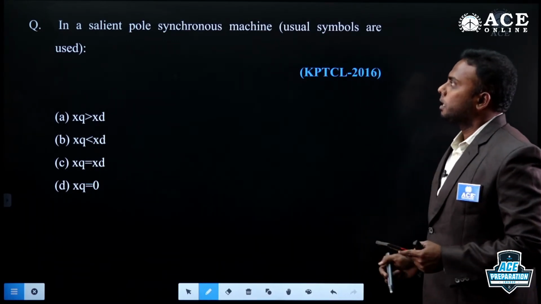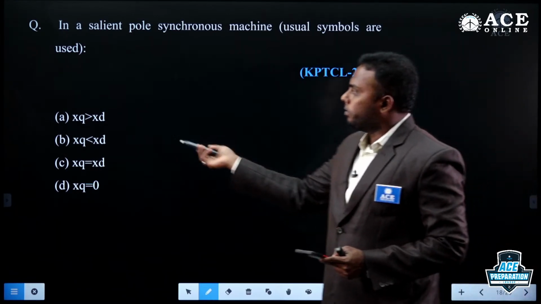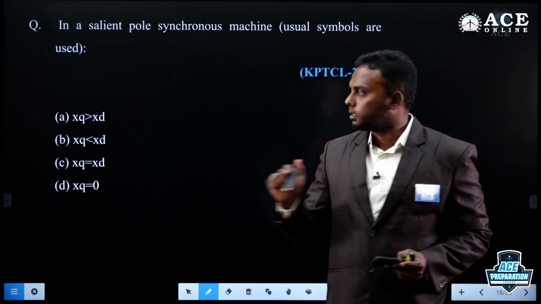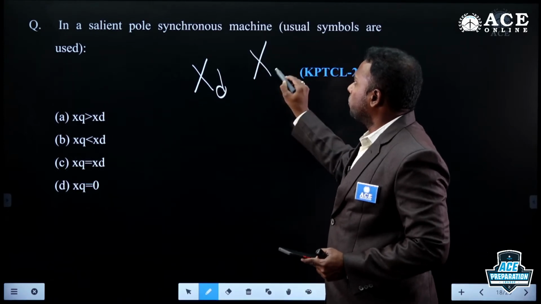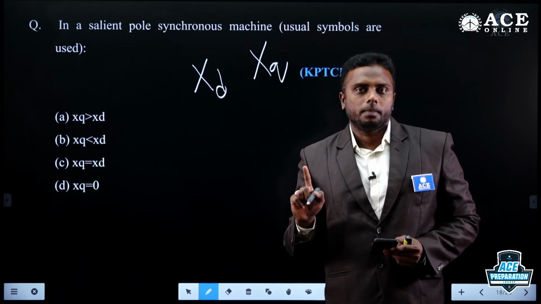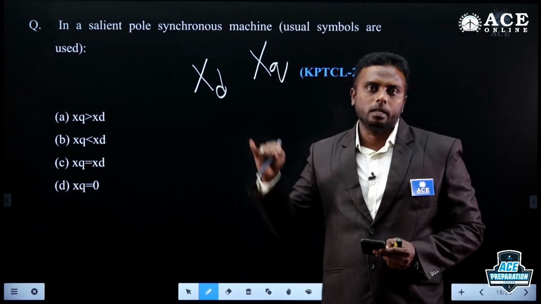See this question. In a salient pole synchronous machine, we need to find the correct relation. In a salient pole synchronous machine, we have two reactances: one is direct axis reactance, another is quadrature axis reactance. Direct axis is also called polar axis, and quadrature is perpendicular to that.